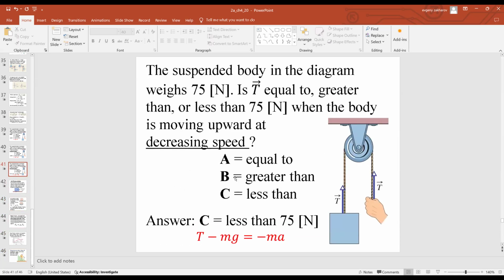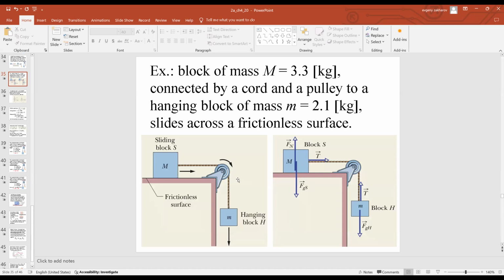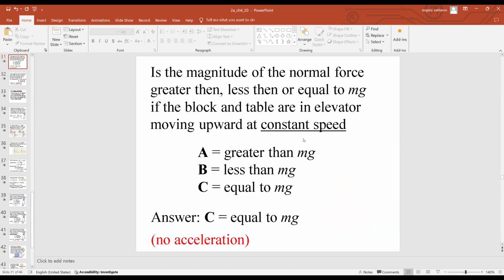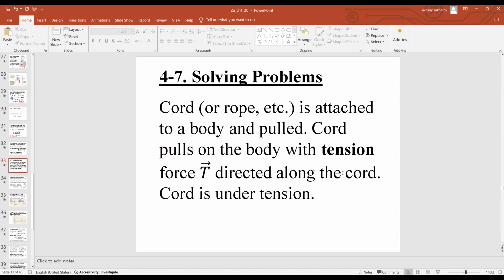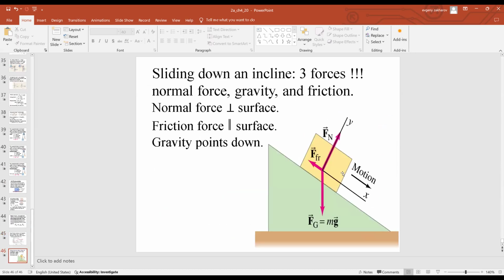Remember, normal force was upward every time before. It's not upward anymore. It is slanted. It's perpendicular to the direction of the surface. Surface is inclined, it's slanted, so normal force is also slanted. It's not exactly vertical. It's at an angle, but it's still perpendicular to the surface. This is the direction of normal force.